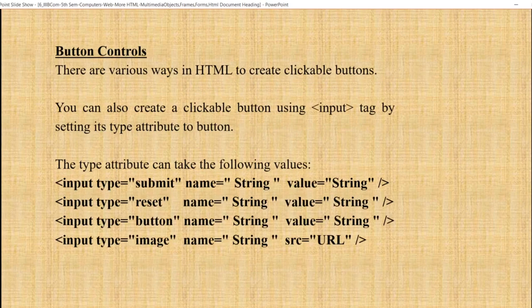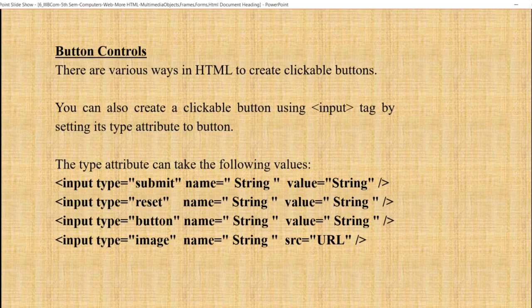Button controls. There are various ways in HTML to create clickable buttons. It can also be created with the input tag. Button type equals to different types of buttons we can use: submit, reset, button, image. Submit creates a button automatically when a form submits.